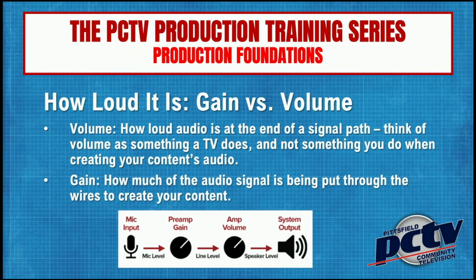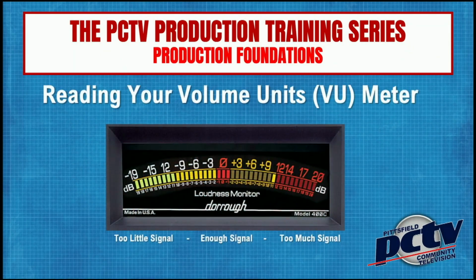Because of this, and oddly, the work of adjusting audio on a mixer board or another device that's designed to input audio elements together is visual work. All audio boards will have some sort of what's called a VU, or volume units, meter.